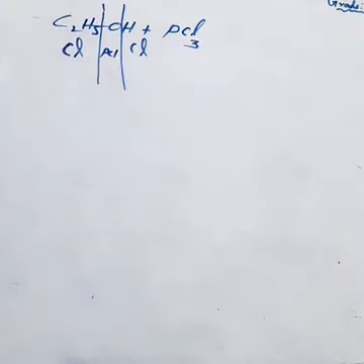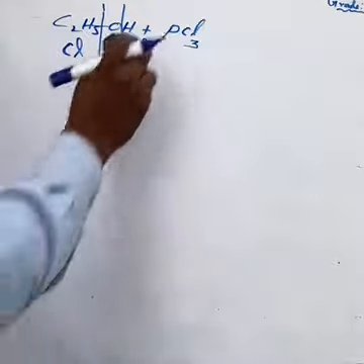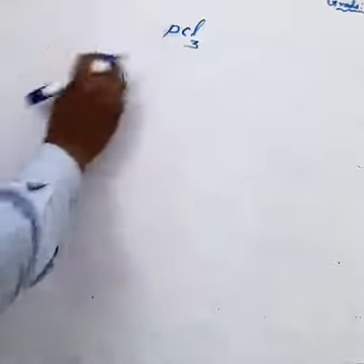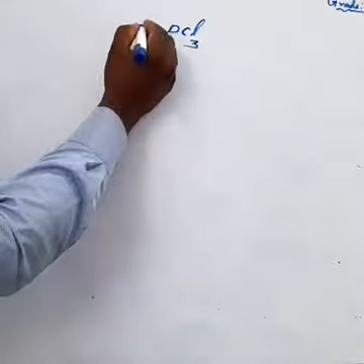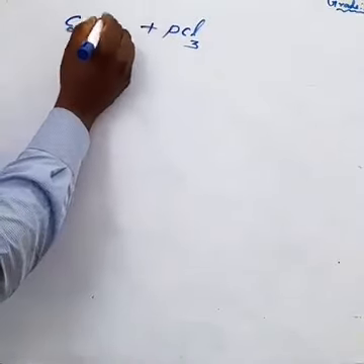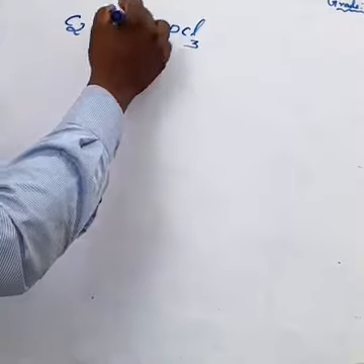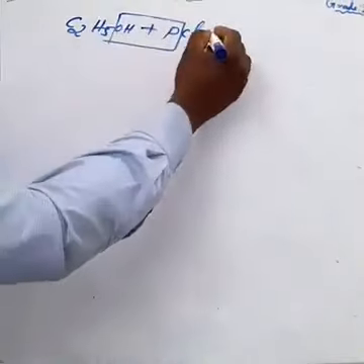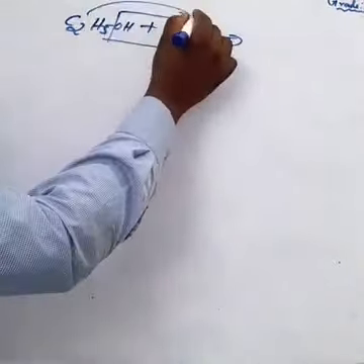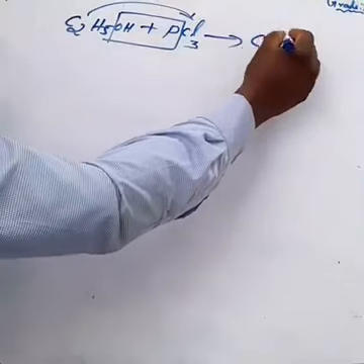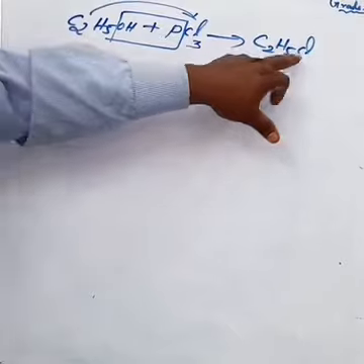The ethyl group combines with the Cl to form ethyl chloride. What is the formula of ethyl chloride? C2H5Cl.